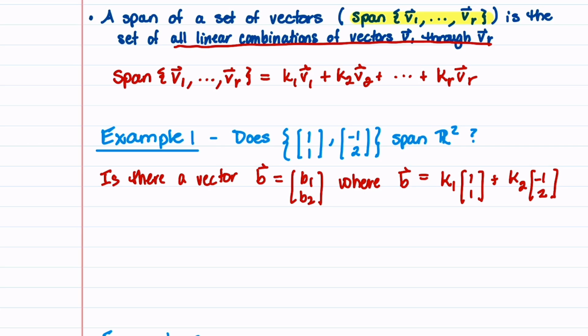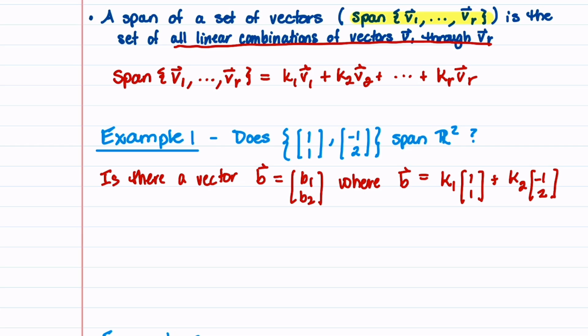Where we're going to go from here is we're going to put this system of equations in an augmented matrix and then reduce it to echelon form to see if we have a solution. So here we go.